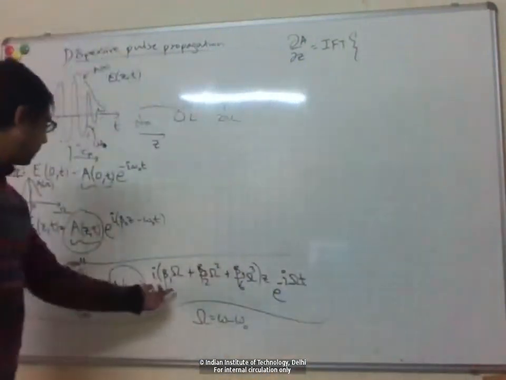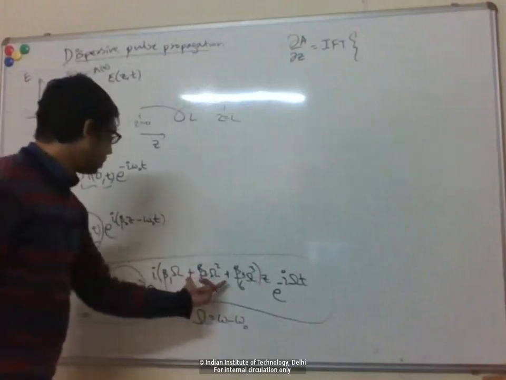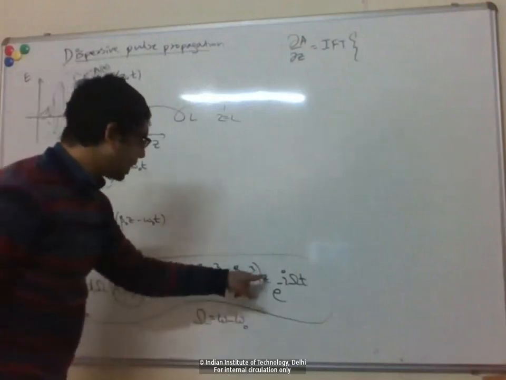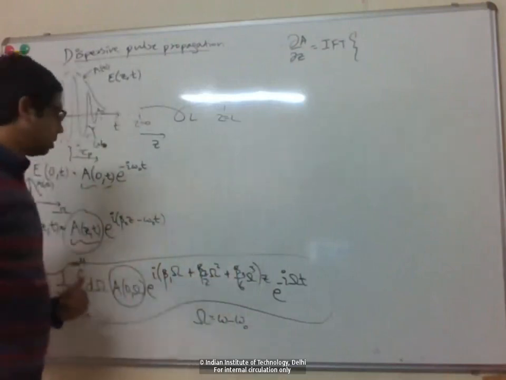And so now when I differentiate this with respect to z, you can see z is coming here in the phase factor, e to the i, this function of omega times z. Right? So when I differentiate with respect to z, this factor will come out front.